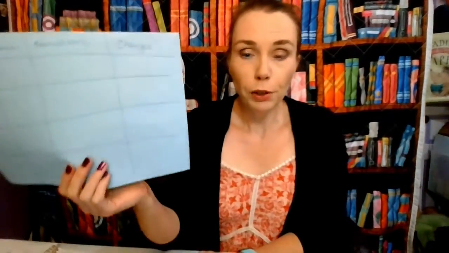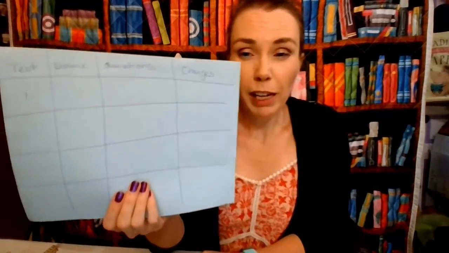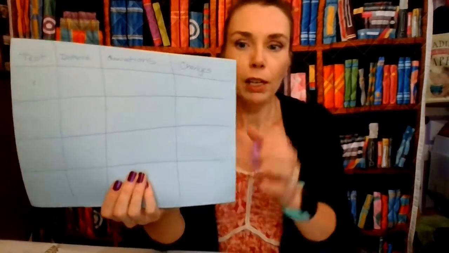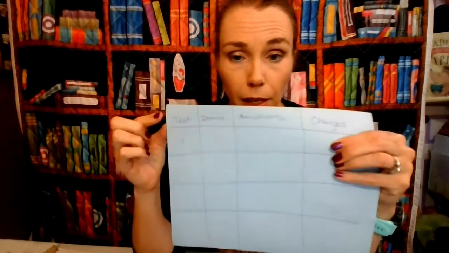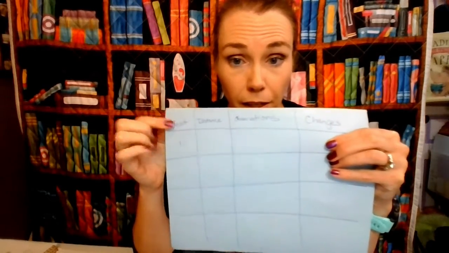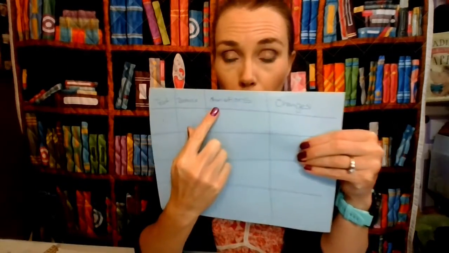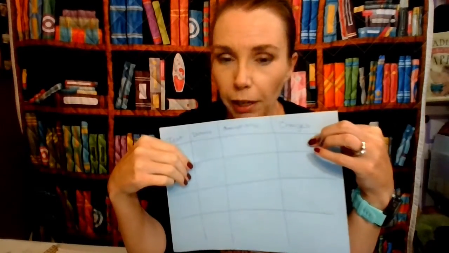Now before you start throwing those airplanes around, we need to have a data sheet. And you can have one data sheet for all of your airplanes, or you could have one for each. Depends on how you want and how big you want to write. So you're going to need 4 columns. One for your test, the distance, your observations, and changes you might make to your airplane before you try it again.